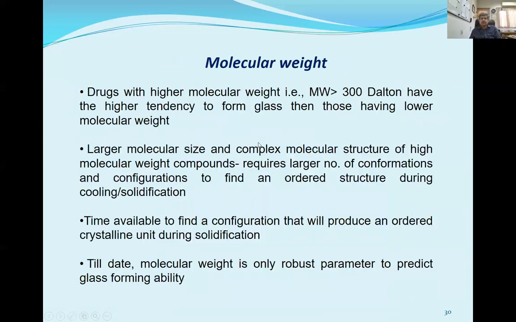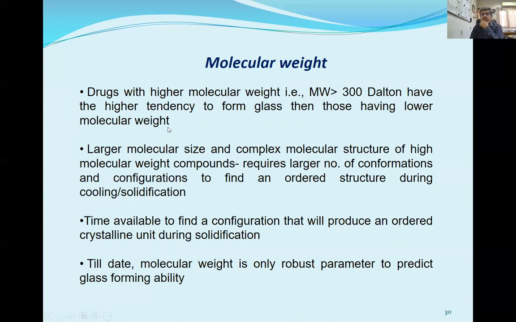Then there is also a correlation between the stability of the amorphous form and the molecular weight, and it has been shown by a couple of very good publications that the drugs that have higher molecular weight, especially greater than 300 Daltons, have the higher tendency to form glass than those which have lower molecular weight.